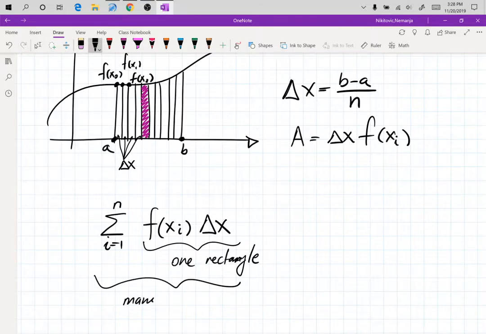Well, in particular n rectangles, that's how many.